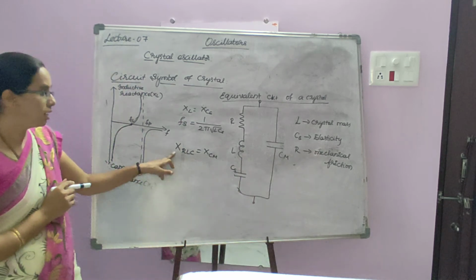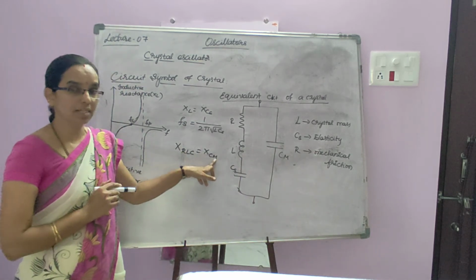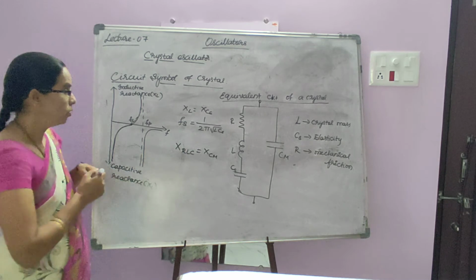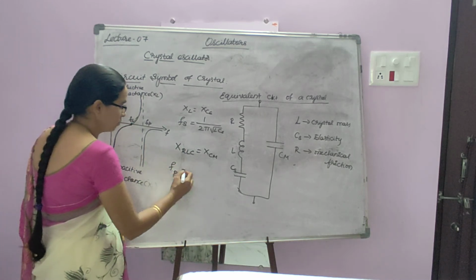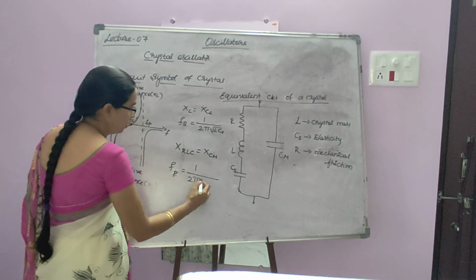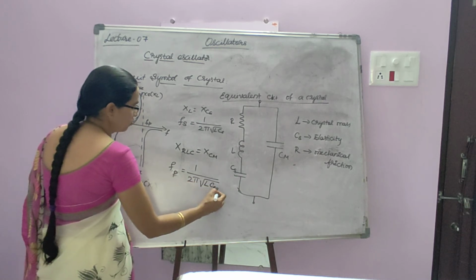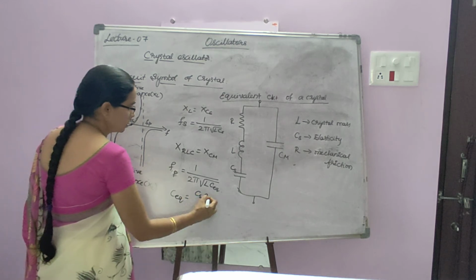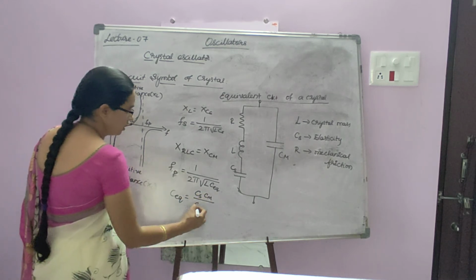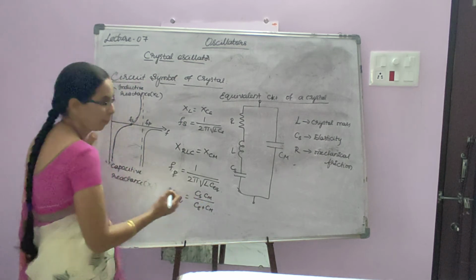So the Fp is given by the equation 1 by 2 pi into root of L C equivalent, where C equivalent is equal to Cs Cm divided by Cs plus Cm.